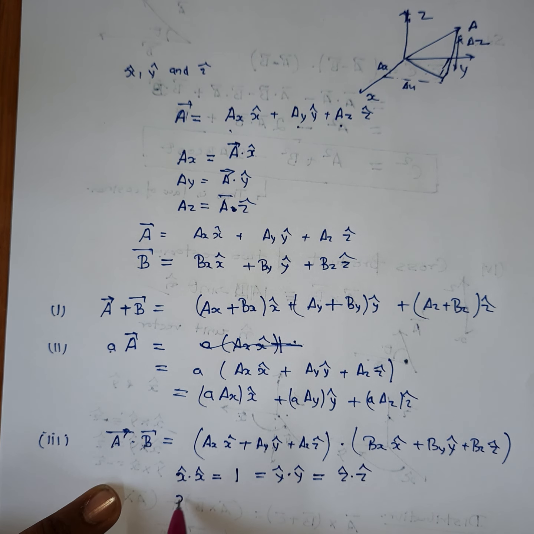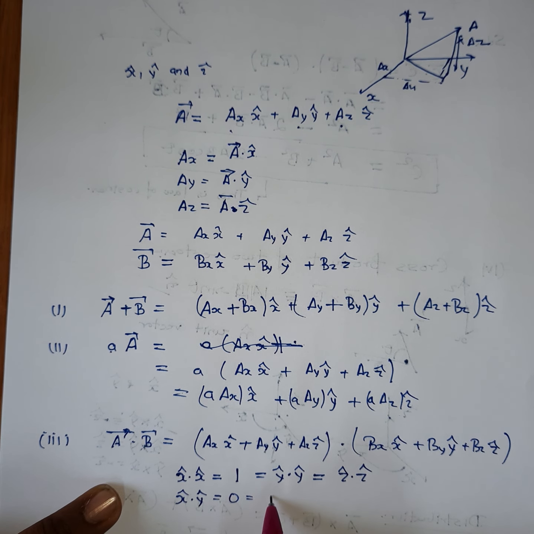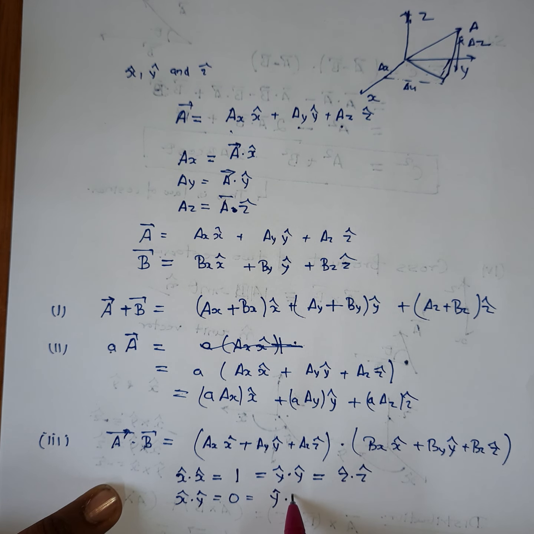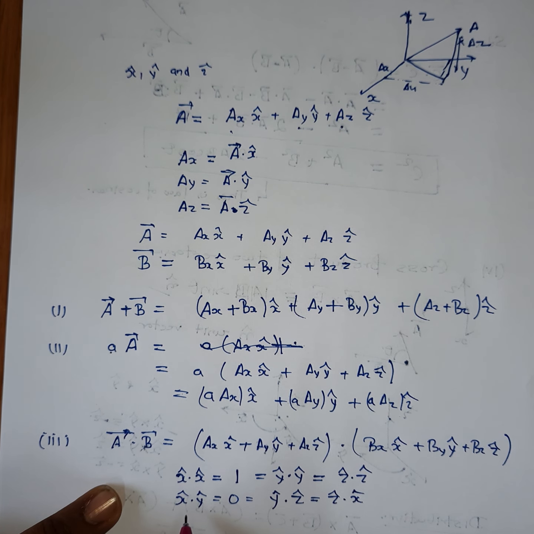But if you take the dot product of x cap with a perpendicular vector, you will get 0, and it will be equal to y vector dot z vector and z vector dot x vector. So the dot product of perpendicular components will be 0.